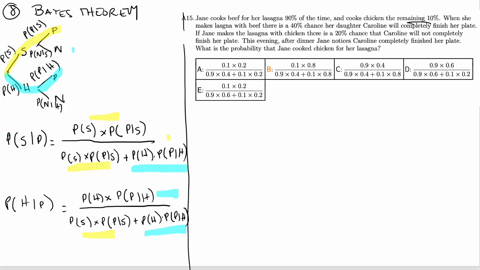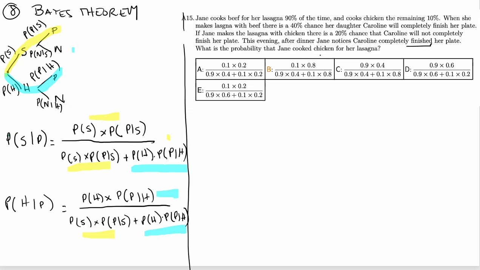Well, think about this. You are given a conditional probability, meaning that if it's beef, Caroline will finish or not her plate. If it's chicken, Caroline will finish or not her plate. So this is the probability of finishing given beef, probability of finishing given chicken, right? Now look at the question. What's the probability that, well, actually Caroline finished her plate?